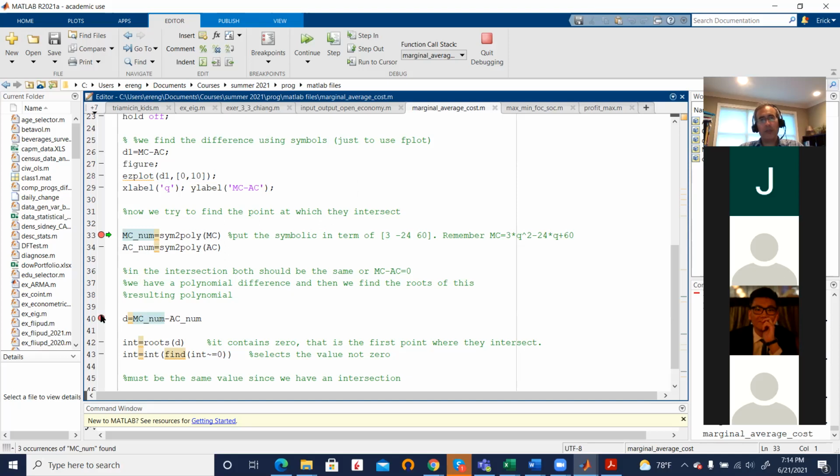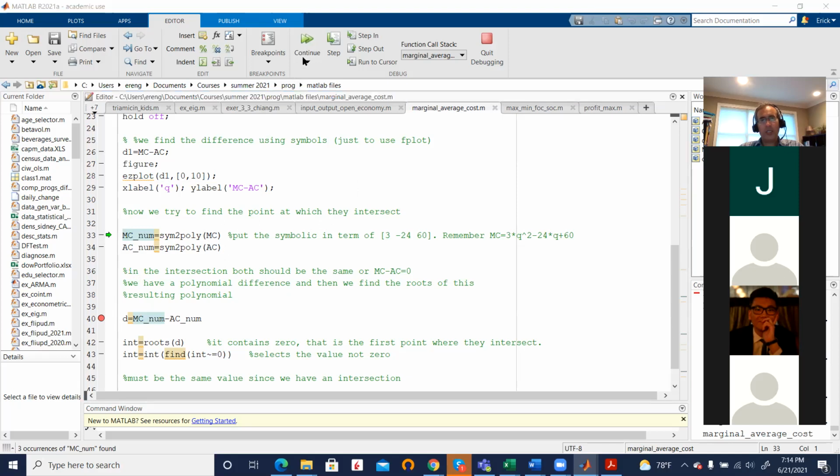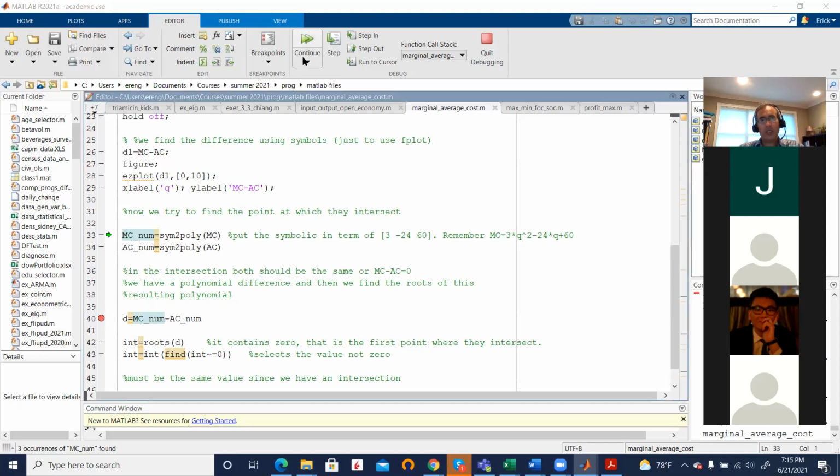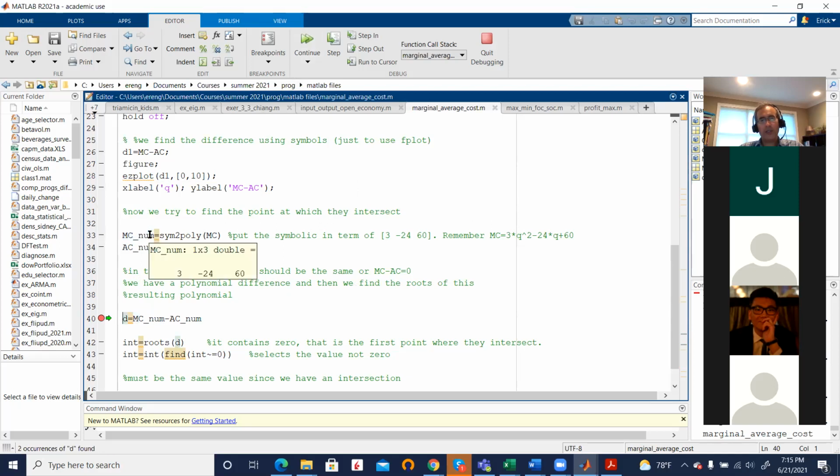What you're doing here, essentially, you're getting the symbolic polynomials, and then you're taking the polynomials minus each other, which effectively is what you would get, and this is the Matlab way of the mathematical.